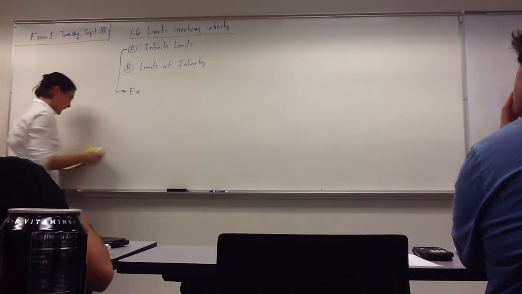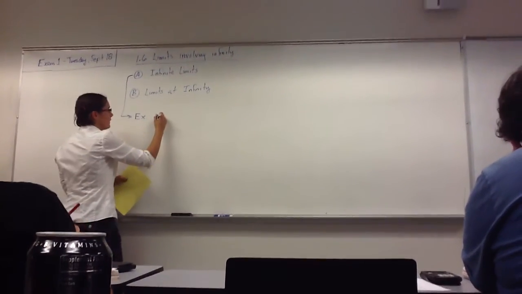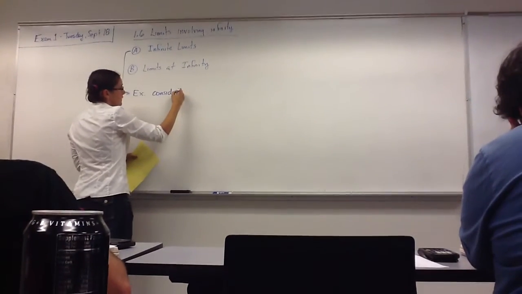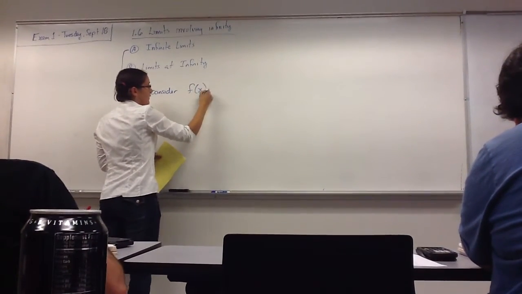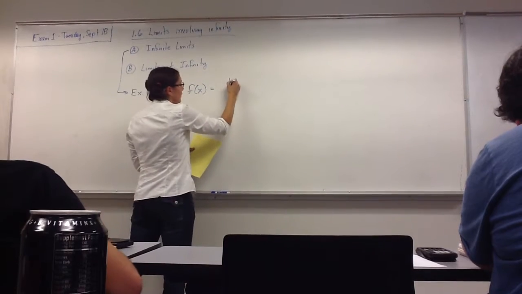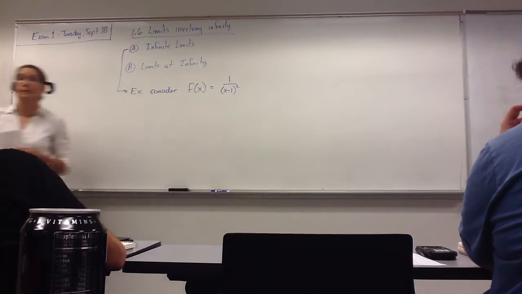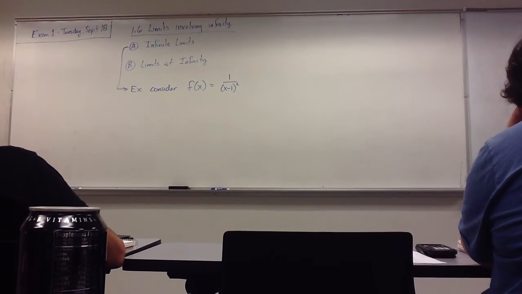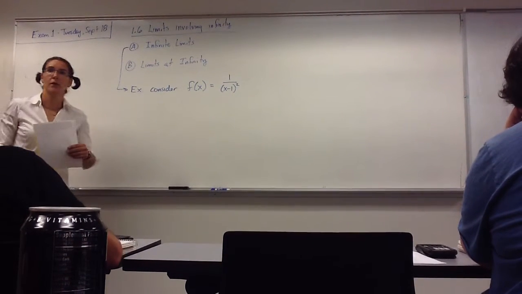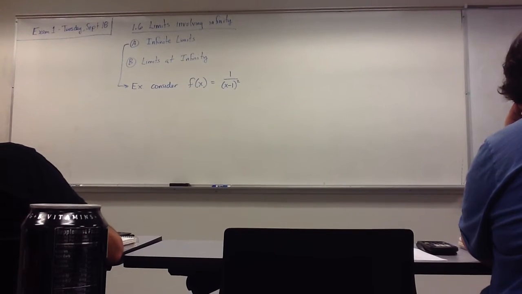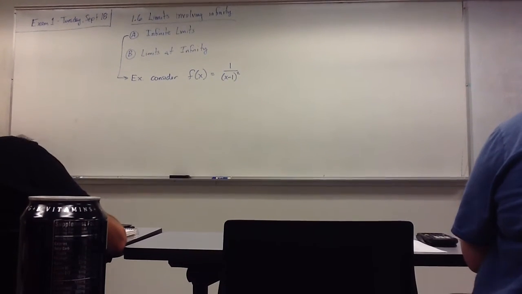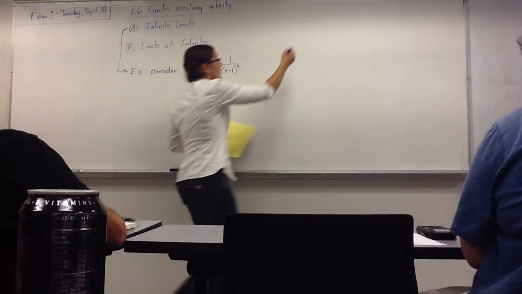So let's start by looking at an example. Consider the function f of x is equal to 1 over the quantity x minus 1 squared. If you have a calculator, you can go ahead and graph this function, but I'll also draw it up here on the board so that we all know what it looks like.